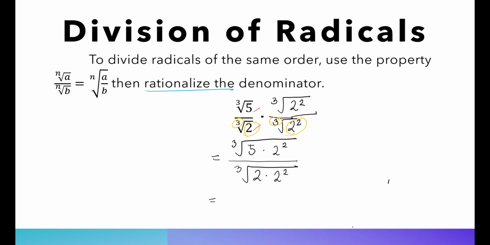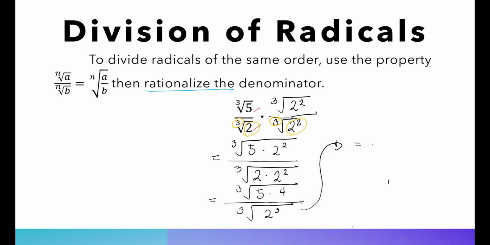Simplifying this further, the numerator would be equal to the cube root of 5 times 2 squared, and 2 squared is 2 times 2, which is equal to 4, divided by the denominator, 2 times 2 squared, which is equal to 2 cubed.